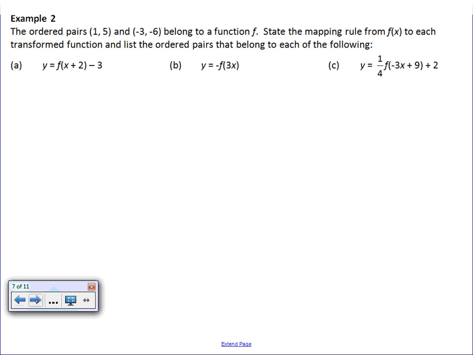Example 2. The ordered pairs (1, 5) and (-3, -6) belong to a function f. State the mapping rule from f(x) to each transformed function and list the ordered pairs that belong to each of the following. So we've got 3 functions. First thing you're going to do is state the mapping rule and then figure out the new points. It's not one of our parents, it's just that these points are on a function, and you figure out where they go if they've been transformed.